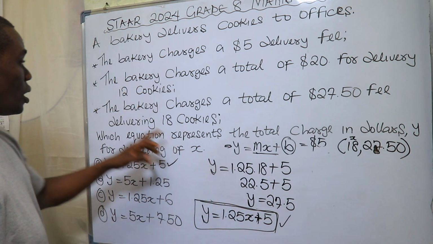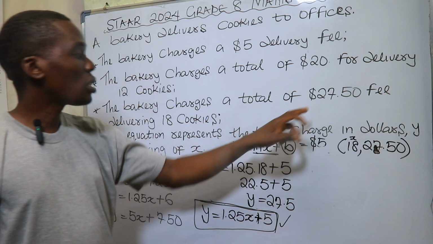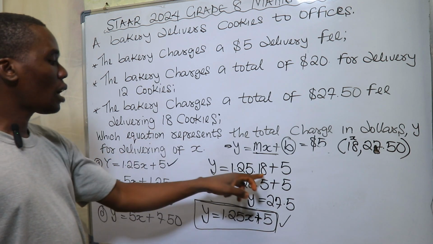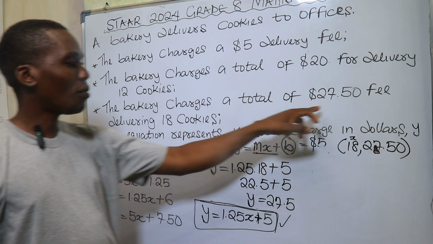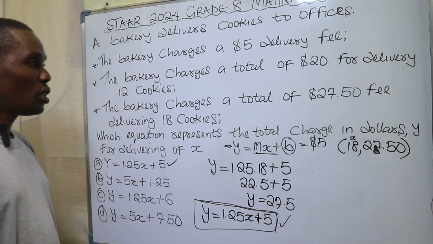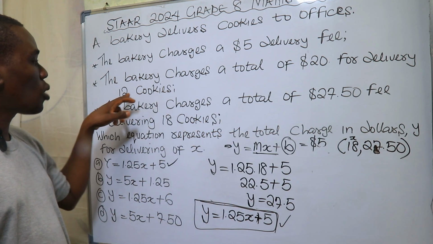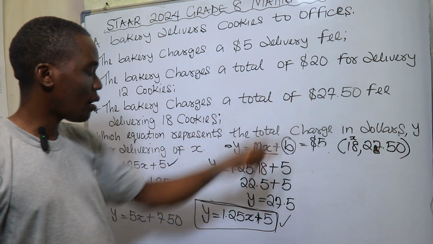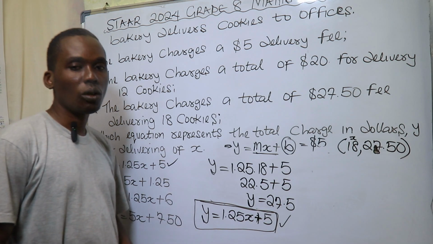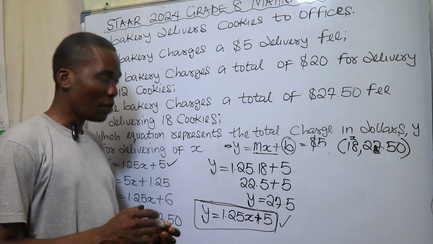So if I plug in a total of 18 cookies as x into this expression, I should be able to have $27.50, and if you plug in 12 cookies into this expression, you should be able to have $20 as the delivery fee.